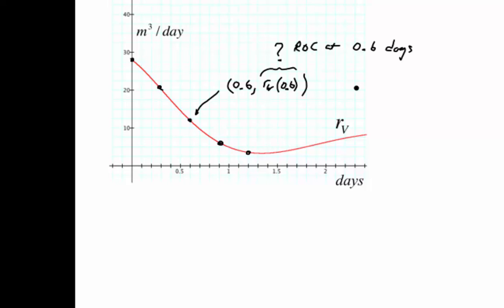She's saying somewhere around 12 meters cubed per day. What do you think? Yeah, exactly. You're going to look at maybe just a little bit less than 12. Yeah, like 12. It's good.